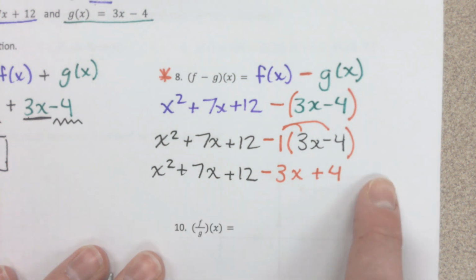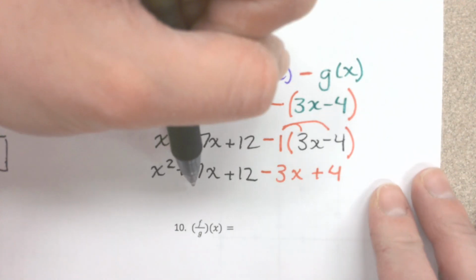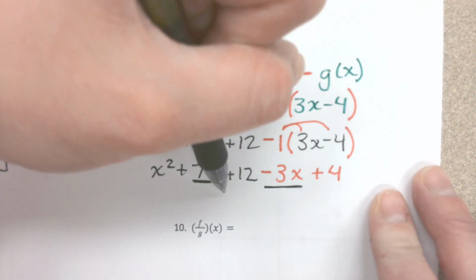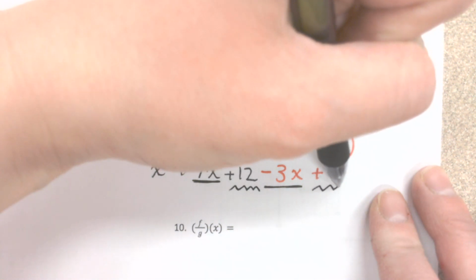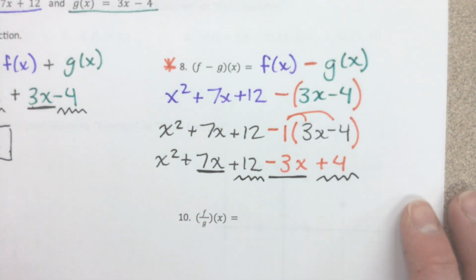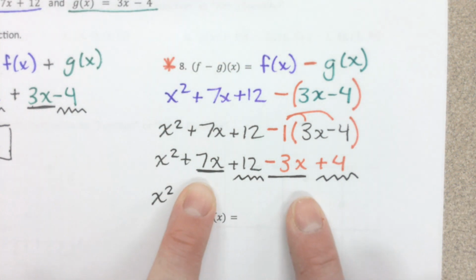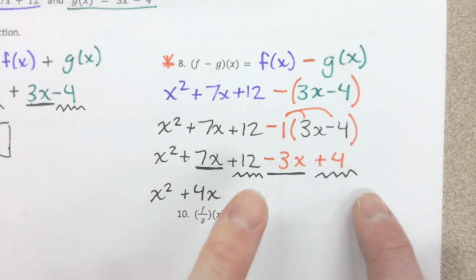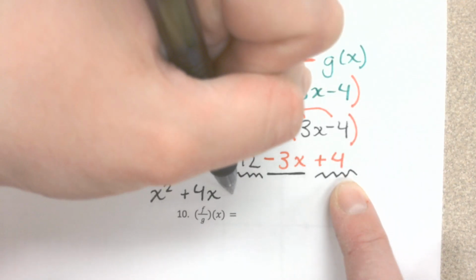And then from here we can combine like terms like usual. 7x and -3x can be combined. 12 and 4 can also be combined. We have x squared. 7x minus 3x, that's plus 4x. 12 plus 4, that's 16.